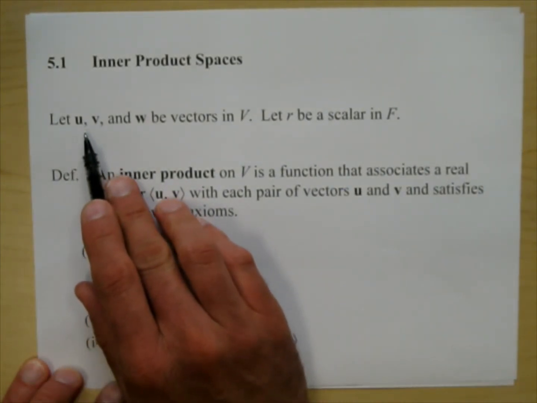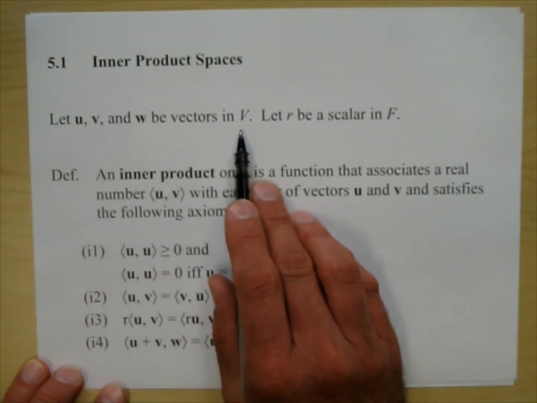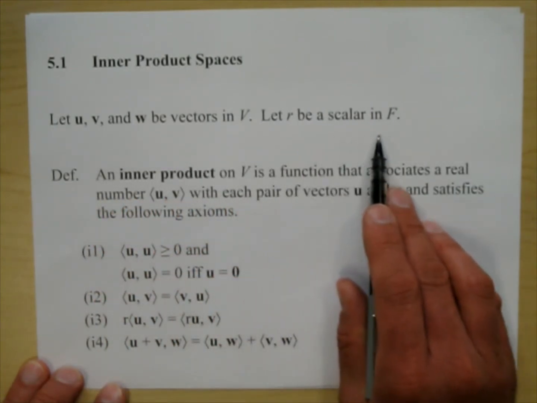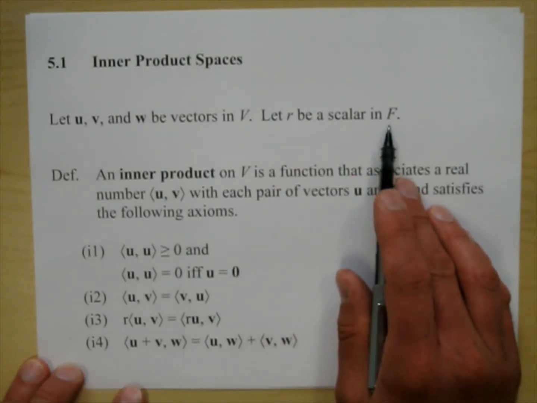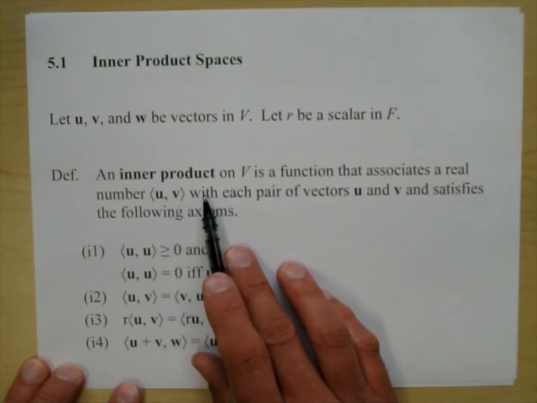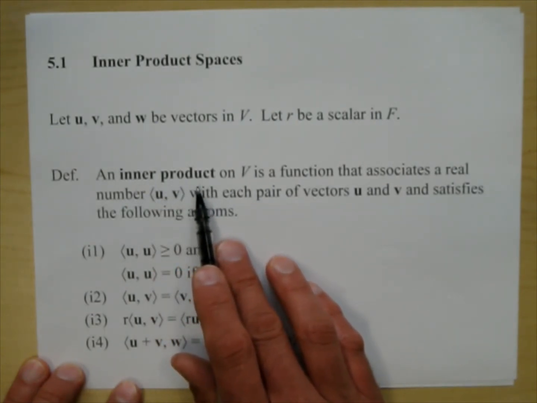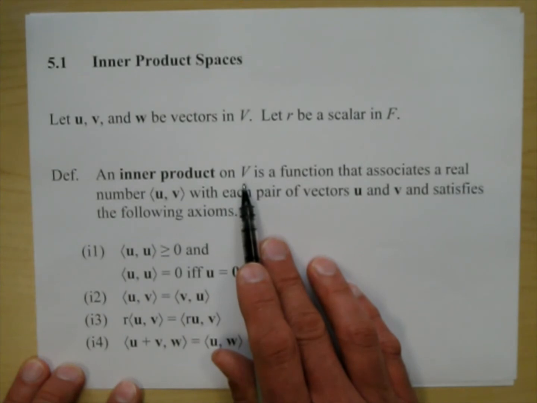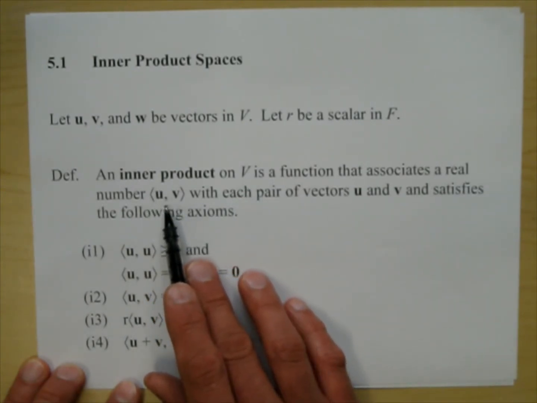Okay, let U, V, and W be vectors in a vector space V, and R is a scalar in F. Okay, we'll just assume it's real. An inner product, so this is the generalization of dot product, on the vector space is a function that associates a real number, and this is the notation for the inner product.